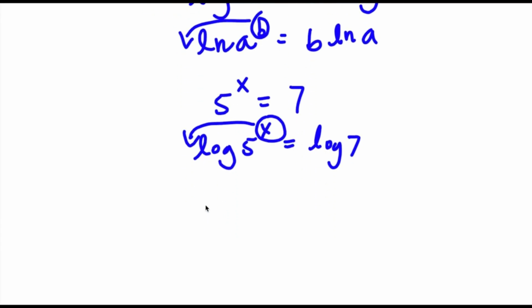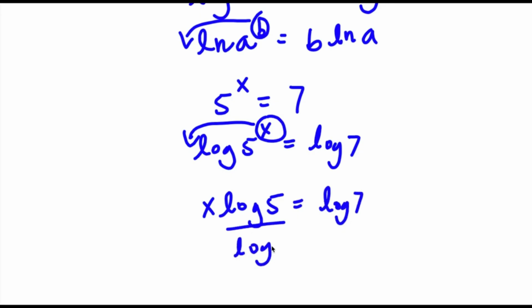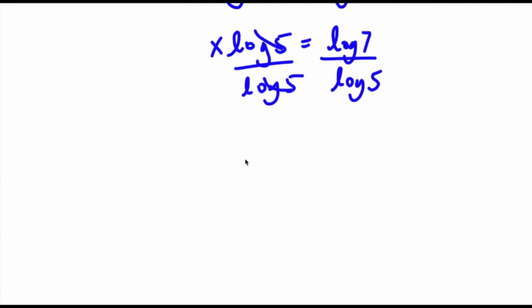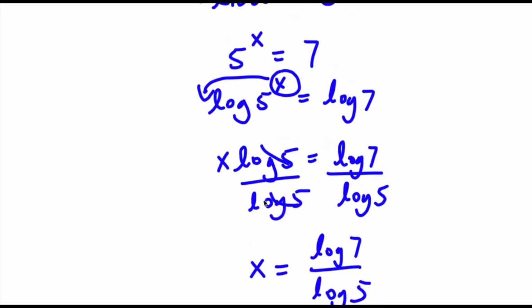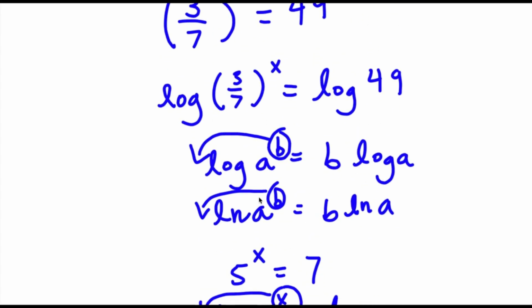So now this would be x times log 5 is equal to log 7. Now I can divide both sides by log 5. These two cancel out. And as you can see, now I found my value for x. Before, when it was an exponent, I really couldn't. But now, after I use this property, x is a real term. So that's why this property is so useful.